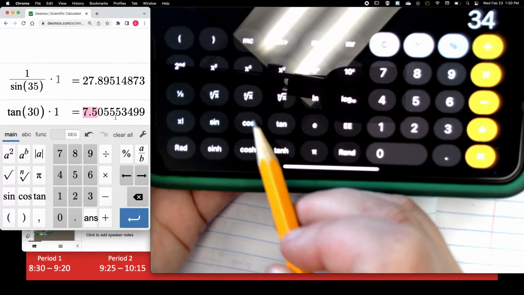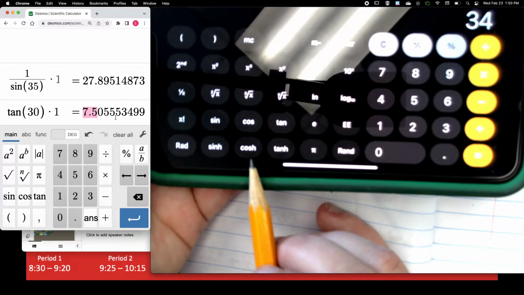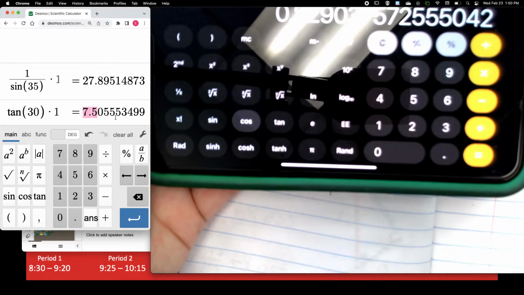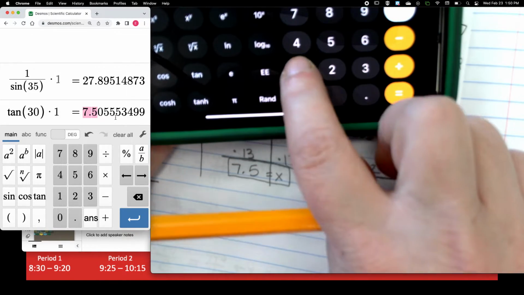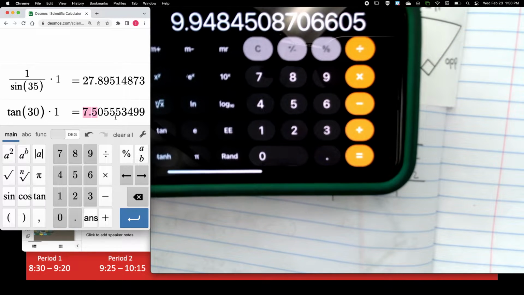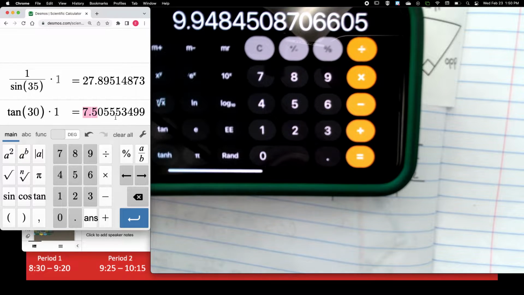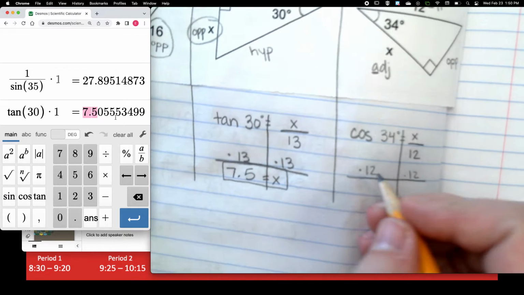On the very last row, it says cos H. We're going to make sure we just use the cos. Okay, so cosine. And then times 12. And that would give us 9.9. Yeah.